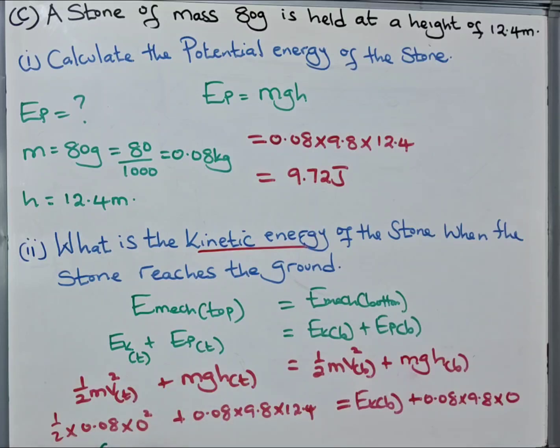Here we have 0, plus this figure. This is the potential energy at the top. We got it already. It is 9.72, which is equal to kinetic energy at the bottom, because this one is also 0. So that is it.